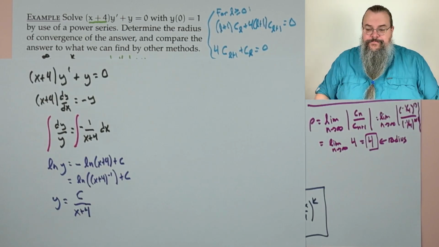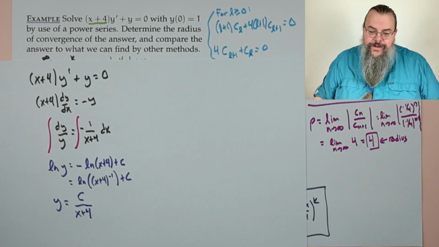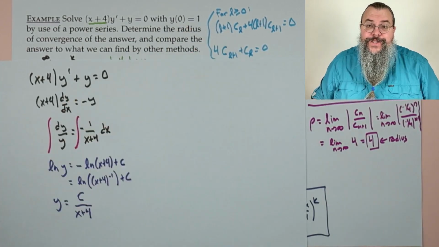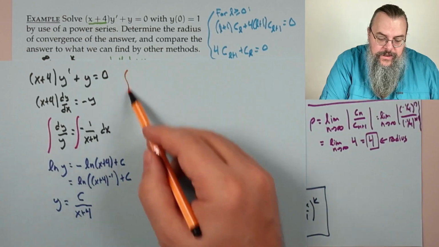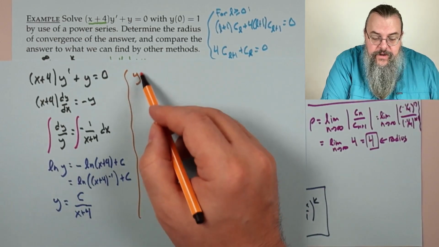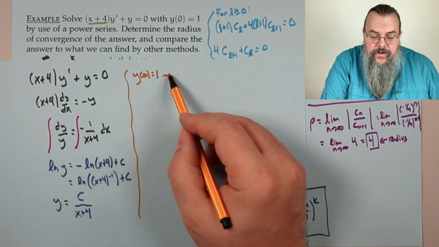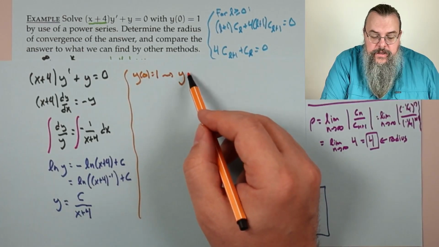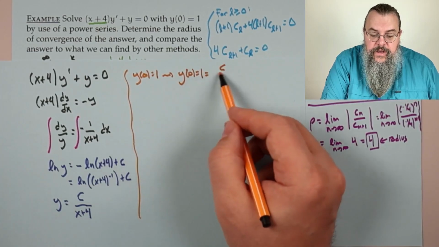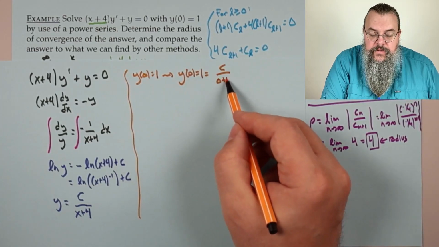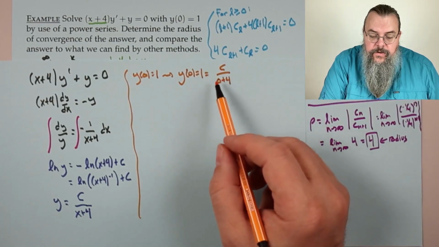All right. Now, what's our constant? That's where we use our initial conditions. We know y of 0 is 1. That gives us y of 0 equals 1 equals c over 0 plus 4. So what is that?